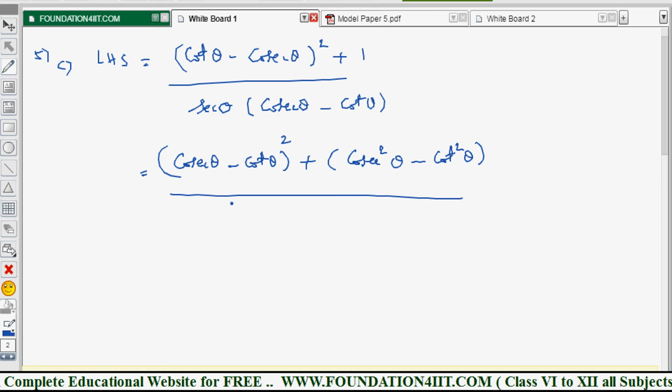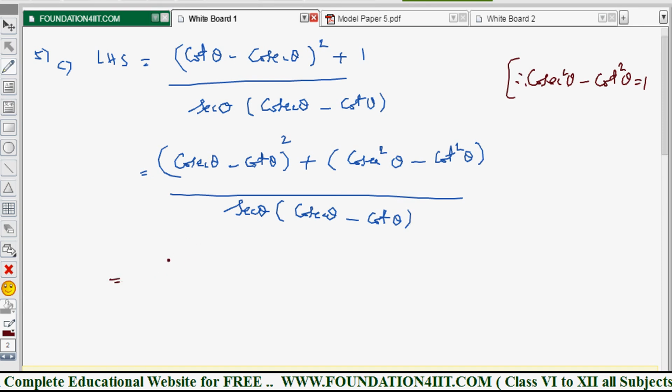The denominator is as it is, sec theta into (cosec theta minus cot theta), because I need to get some cancellations. In this step, cosec square theta minus cot square theta is equal to 1, so the formula will apply.